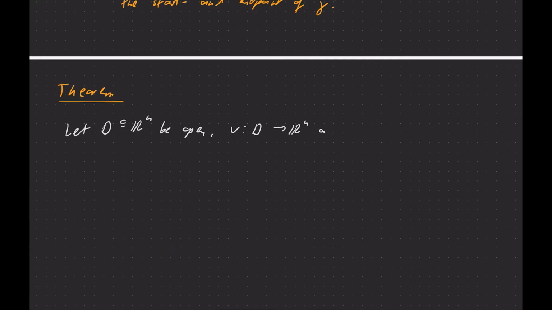That we want to be a continuous vector field, so that integration works out nicely on D. And we want a curve gamma. So gamma is defined on some interval alpha beta, maps to D, and we want that to be a continuously differentiable curve.